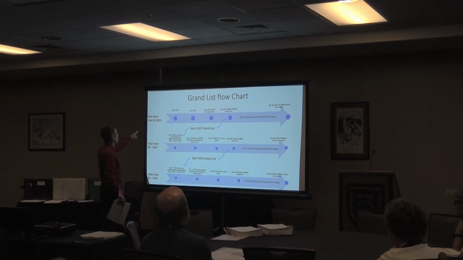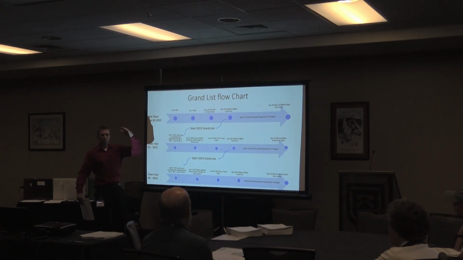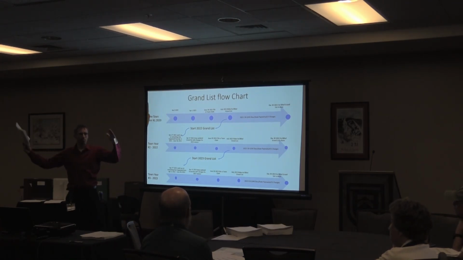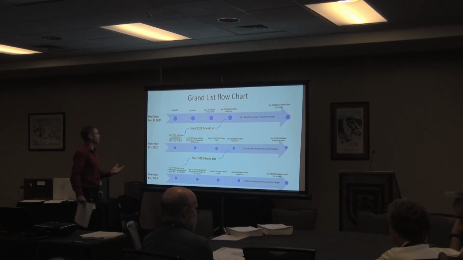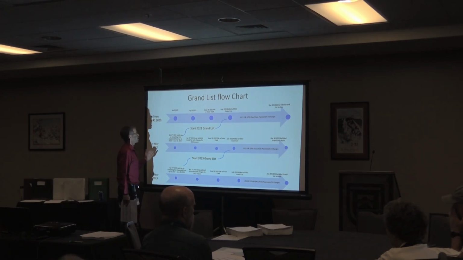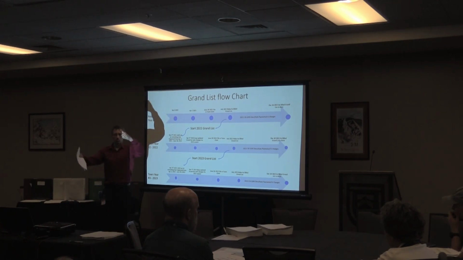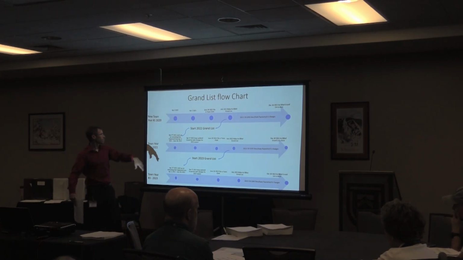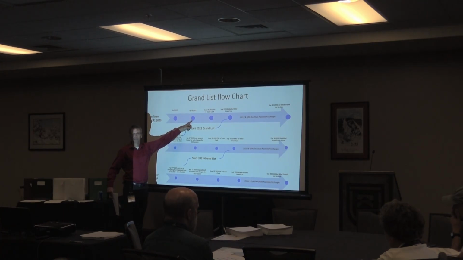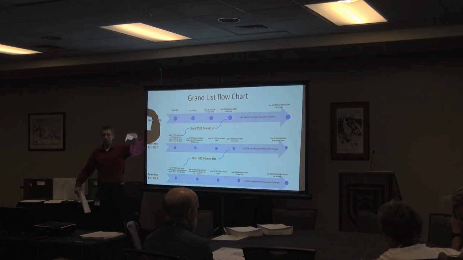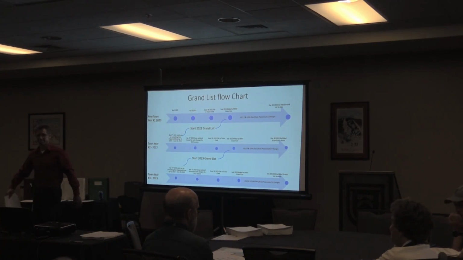So in year one, we pick a starting point and an ending point. And the state of Vermont said, our starting point is going to be April 2nd of a given year. And in this case, I started in 2020. And we're going to go out through the town of Todd and appraise everything. And when we get to April 1st of 2021, we're going to say, good, this is what we want to tax you on.